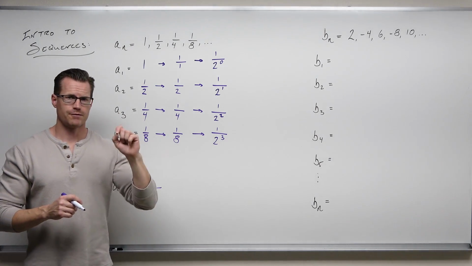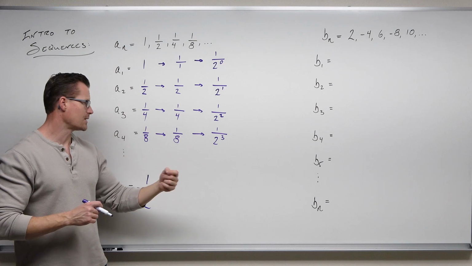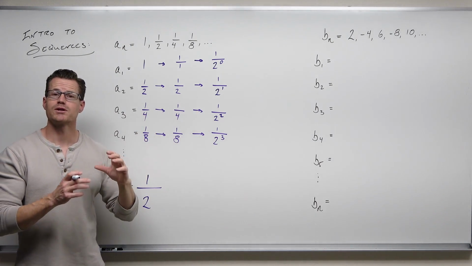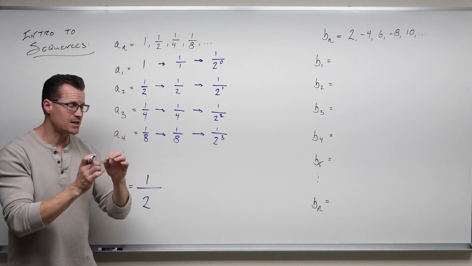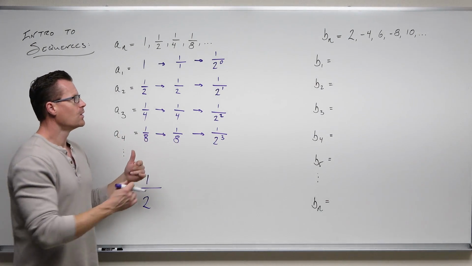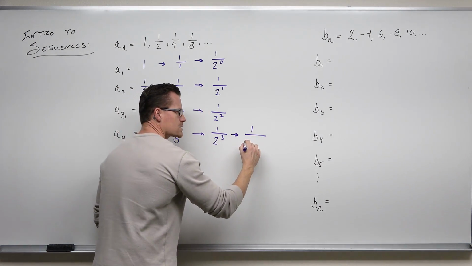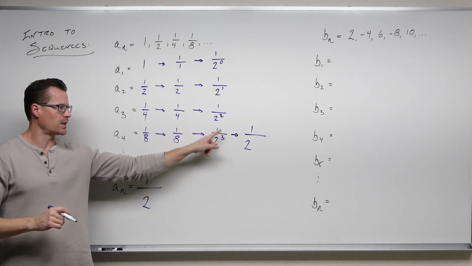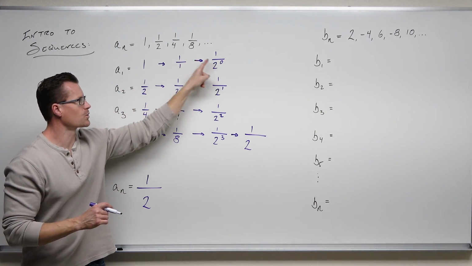The exponent of the denominator is changing: 0, 1, 2, and 3. I need to relate that to my index. So I'm going to try to come up with some sort of an expression based on n, based on my index that represents this. So how can I do that? Well, let's think about it. How is 3 related to 4, and 2 related to 3, and 1 related to 2, and 0 related to 1?